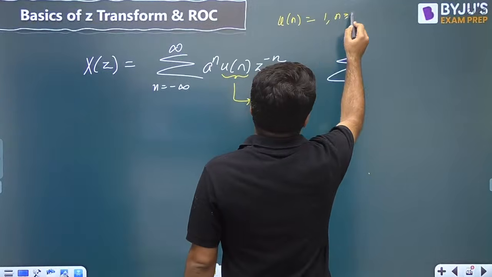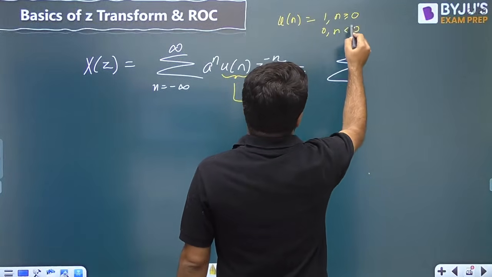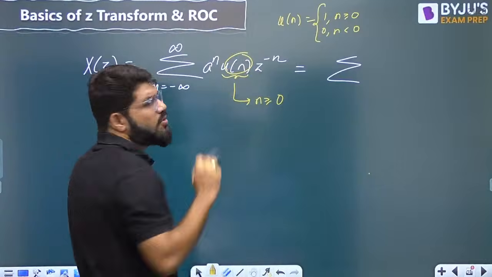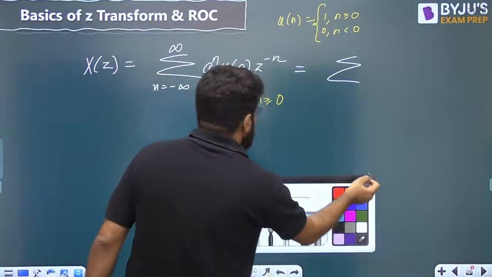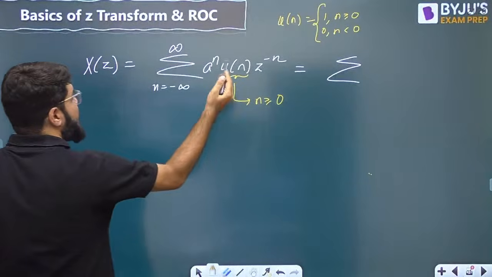For n less than 0 it is 0, and if u[n] is 0, the whole summation is 0. So let's take n greater than or equal to 0.